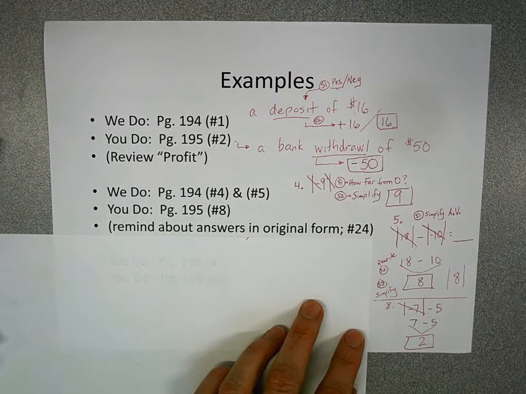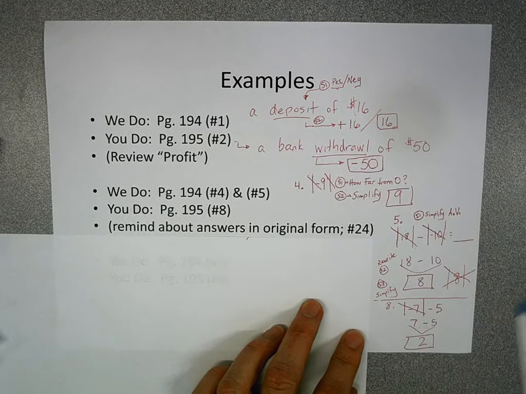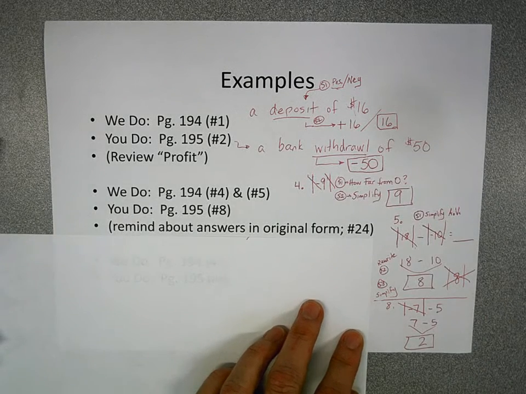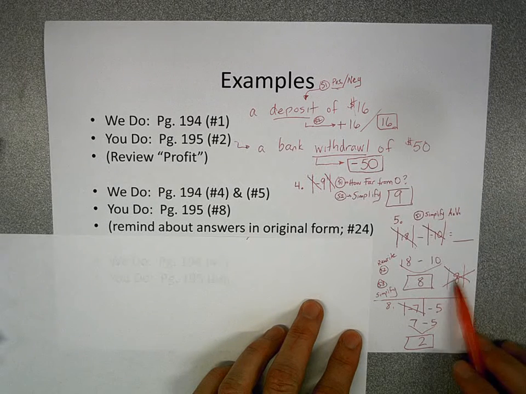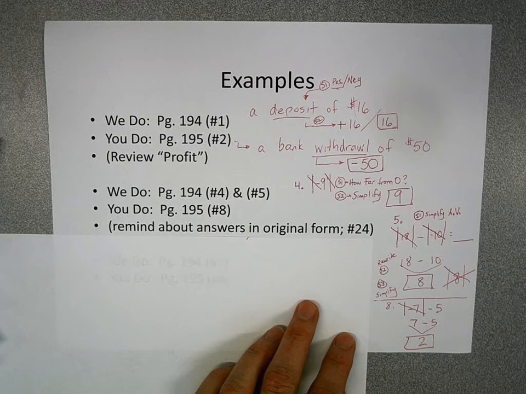Okay? That's not what you want to do. You're not asking a question for your answer. How far is 8 away from 0? That wouldn't be simplified. So you don't want to leave your answer in the form of having the lines around the outside. Okay? So I just want to make sure that we know that.